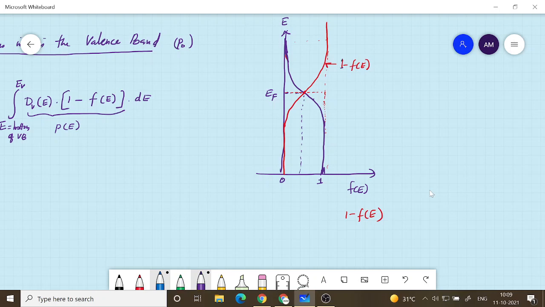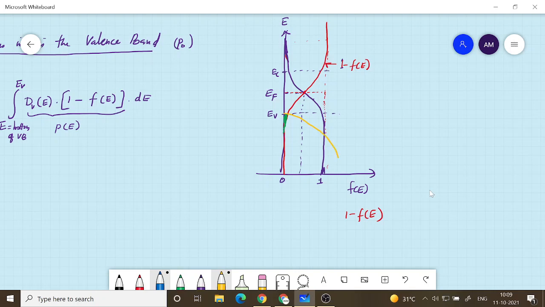And as you can see, this goes to 0 downward. So our EV is somewhere here, and our EC is somewhere here. So we are integrating from EC to the bottom. Okay, and you see that when you multiply by dV of E, if I draw dV of E, it is something like this.